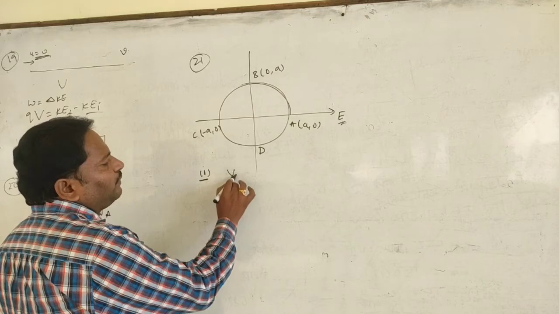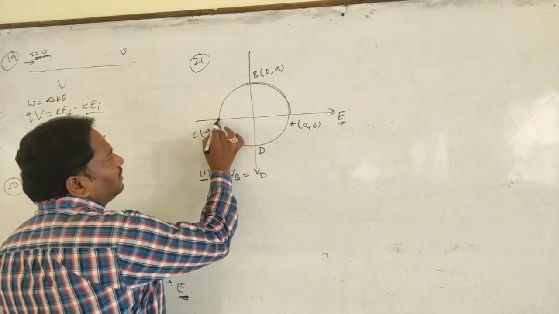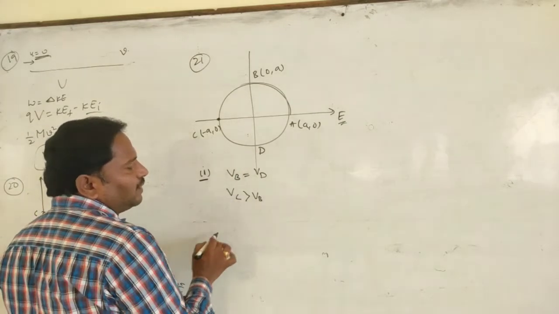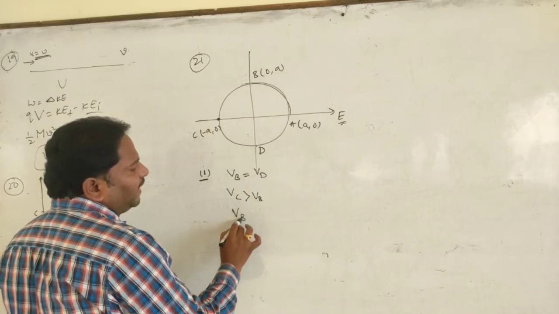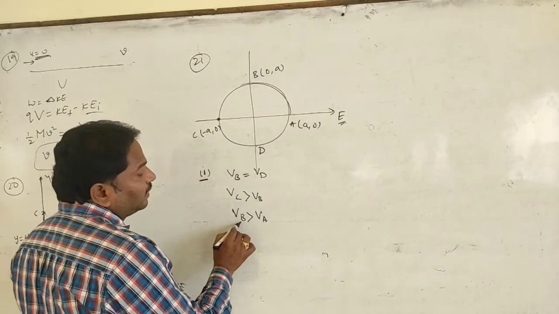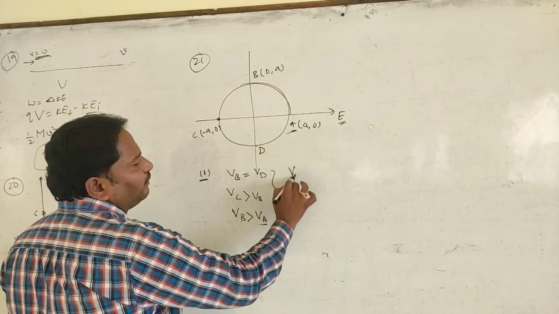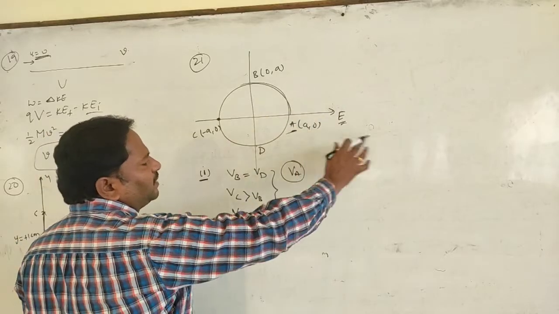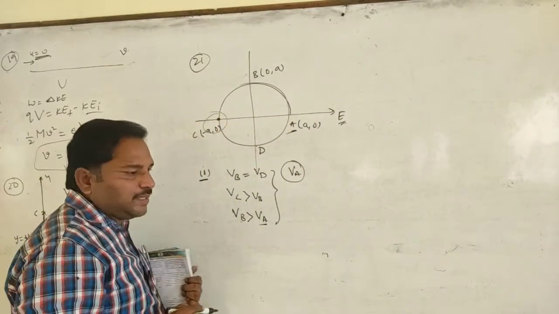So now VB equal to VD, and VC greater than VB, and VB greater than VA. So out of these, which has minimum potential? VA has minimum potential, because it is in this direction, to the left; the other has maximum potential.